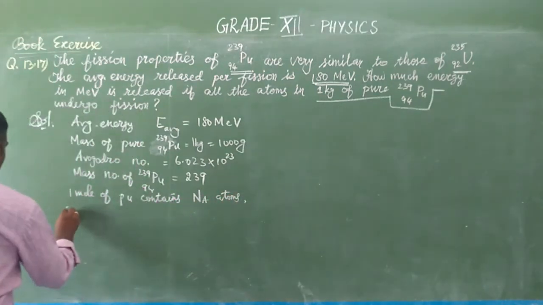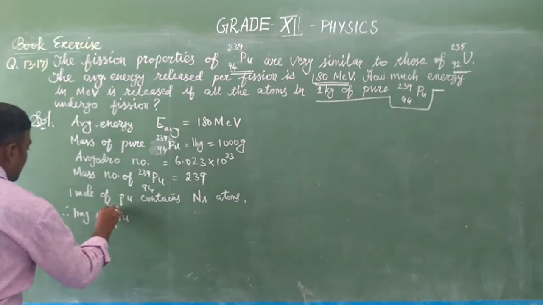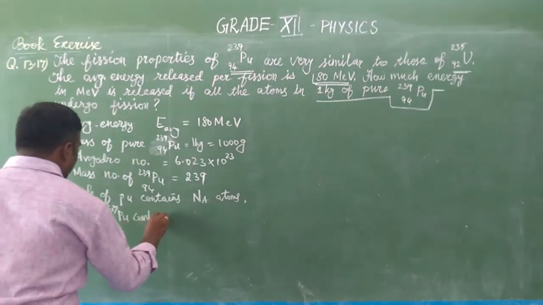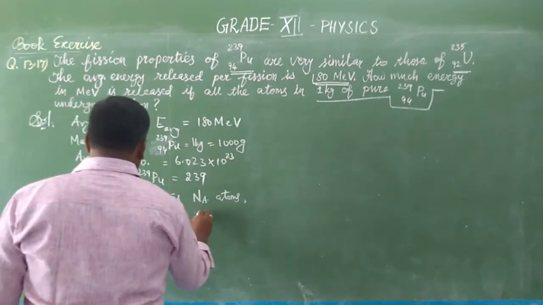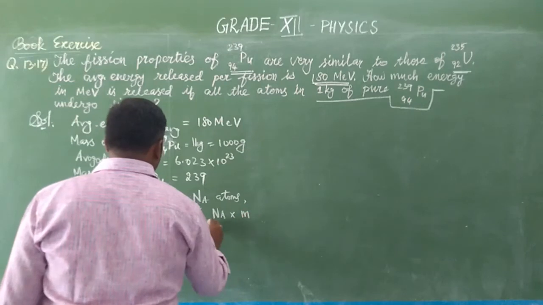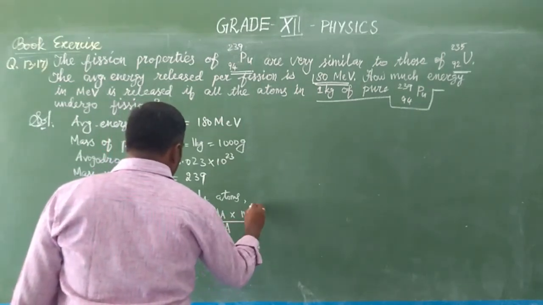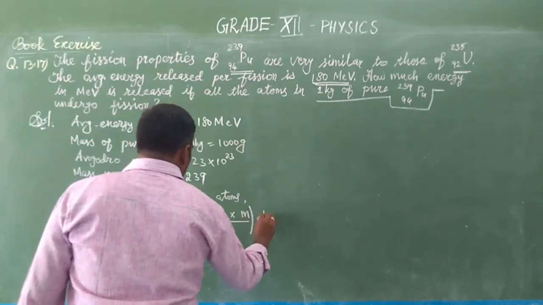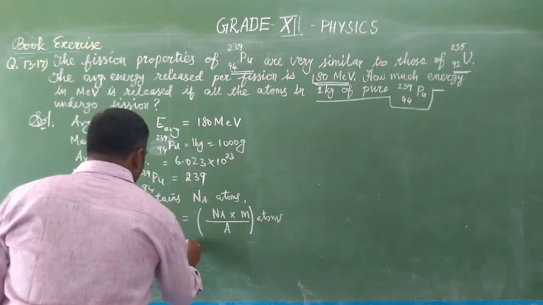Therefore, 1 kilogram of plutonium 94 239 contains Avogadro number into the mass of the given substance divided by the mass number, that much atoms. So substitute all the values.